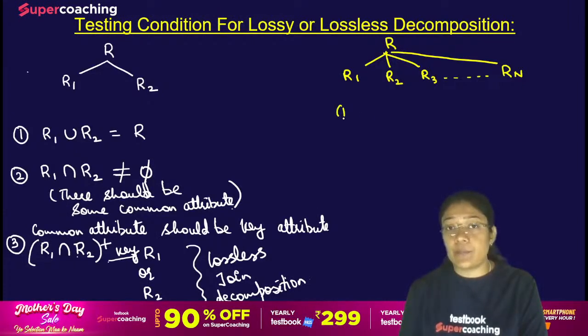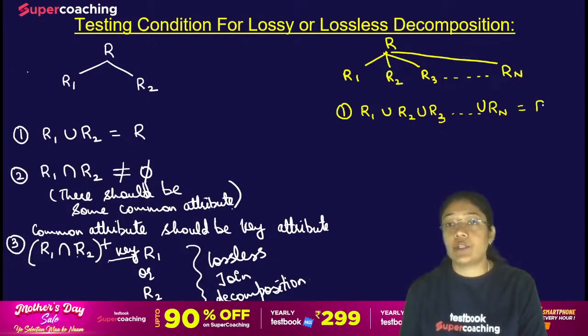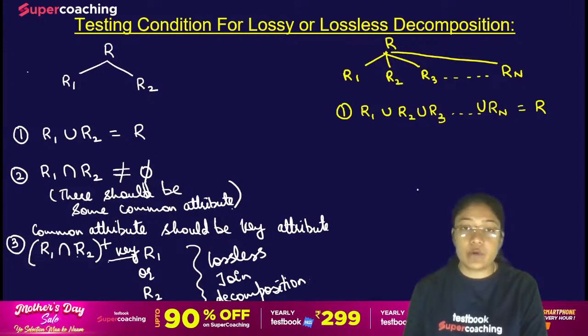So first step is after taking the union of all the subrelations, it should cover all the attributes of the relation R. सारे attributes cover होने चाहिए.